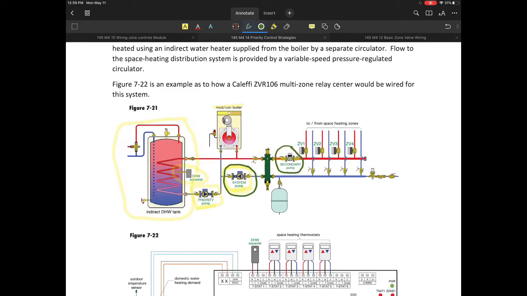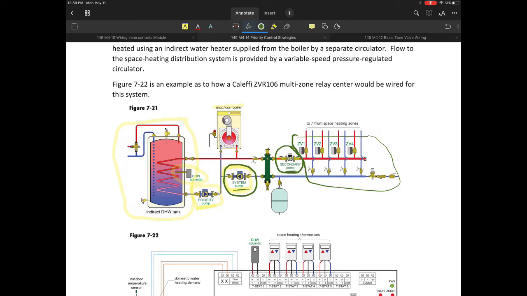I'm also showing a circuit identified as a secondary pump. This particular pump, what we're calling the system pump, and the secondary pump would very likely be tied together to some extent. They don't have to be, but likely would be.